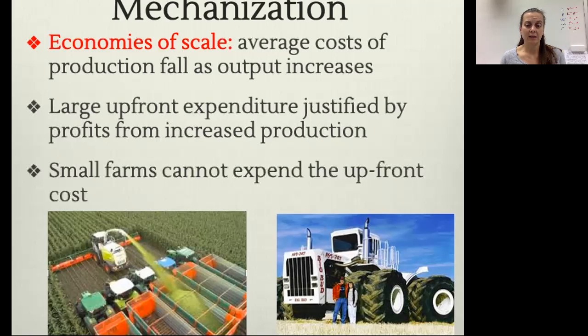But what that means is that very often small farms can't afford that upfront cost. And so that means that on average, your small family farms have been going out of business ever since the Green Revolution. And more larger industrial farms are taking over.